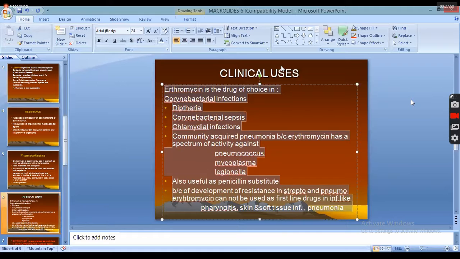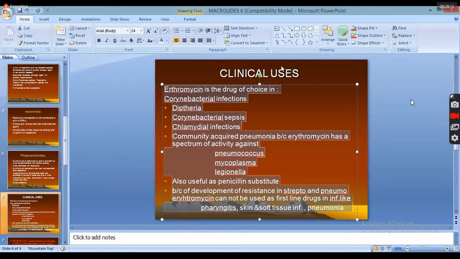As I told you, the different clinical uses here, and you know the pathogens it affects: streptococcus, staphylococcus, pneumonia. Erythromycin is a drug of choice in pertussis, diphtheria, corynebacterial infection, cat scratch disease, sepsis, chlamydial infection, rickettsial infection, encephalitis, and gonorrhea.